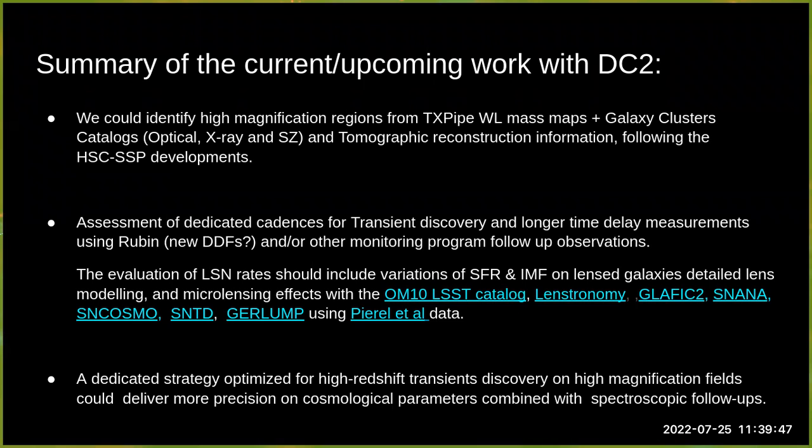It would be nice to use these simulations in the high magnification fields, of course, and the DC2 simulation, for design and strategy optimized for the discovery of high redshift transients of different types, and not only supernovae. Maybe the double lensed system that Eric recently talked about could also be added.